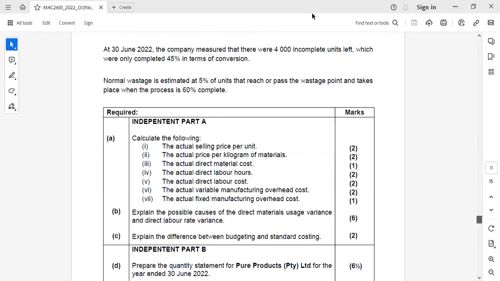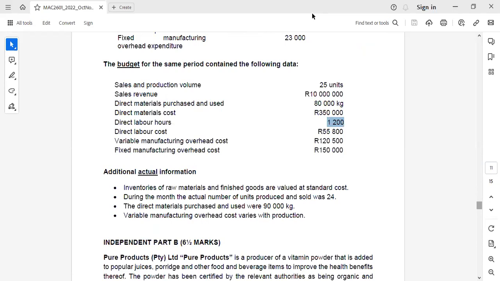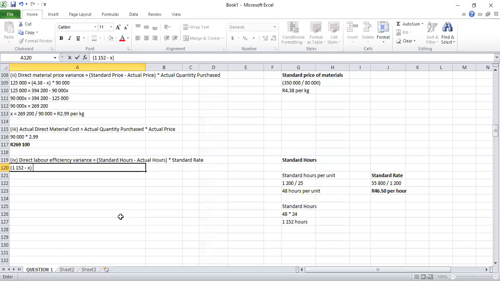Oh, we're actually looking for the actual hours. So that's our X. So 1,152 minus X, multiplied by the standard rate, which we calculated as 46.50, is equal to our variance, which is negative 15,000.